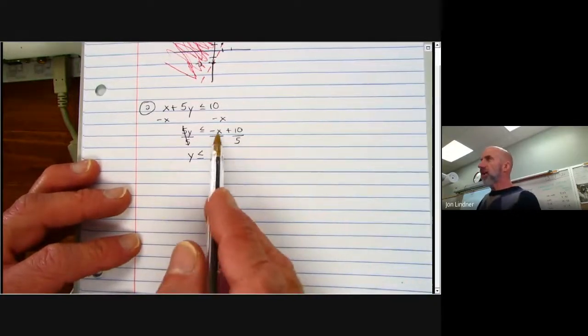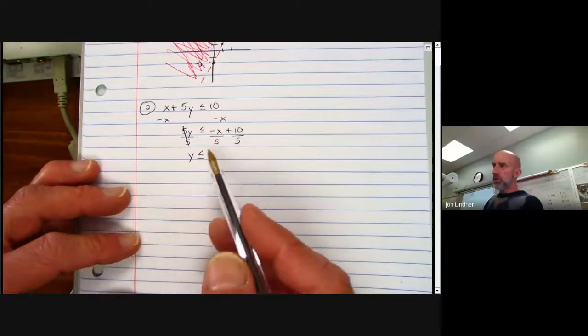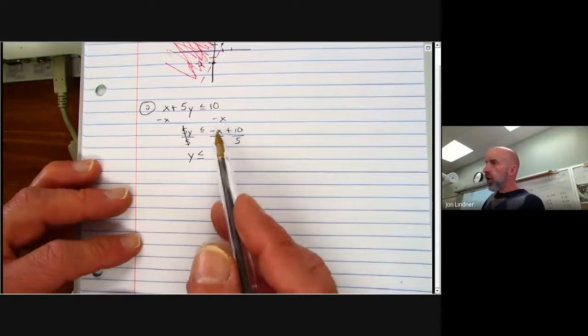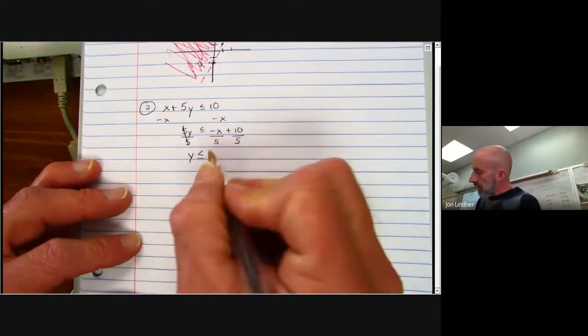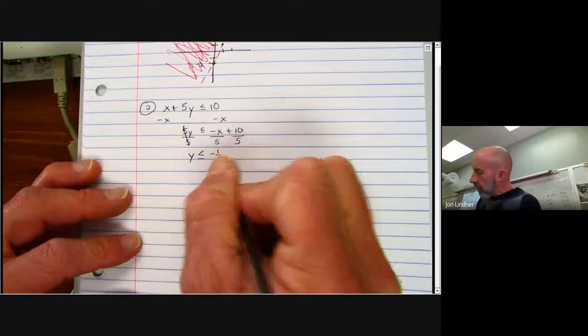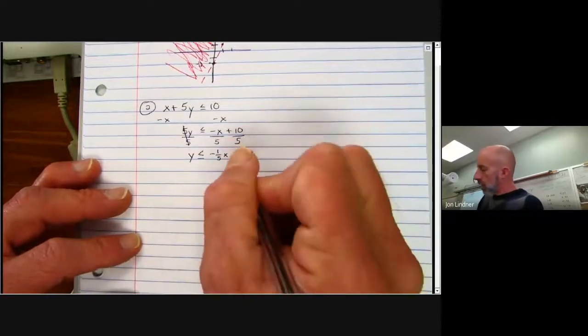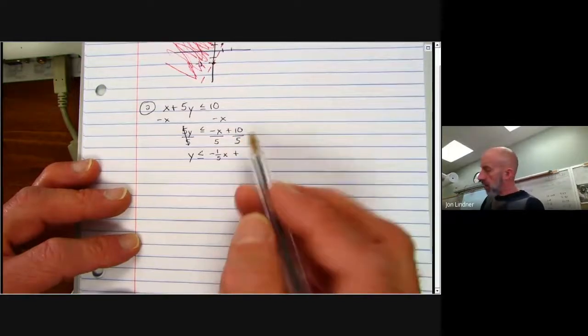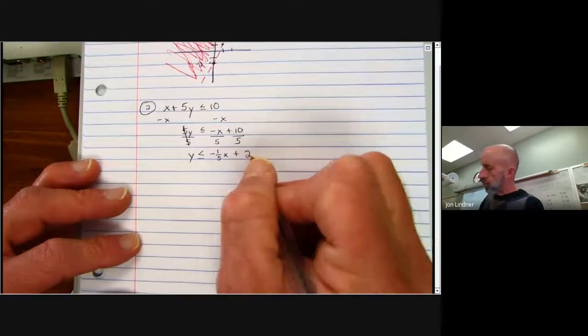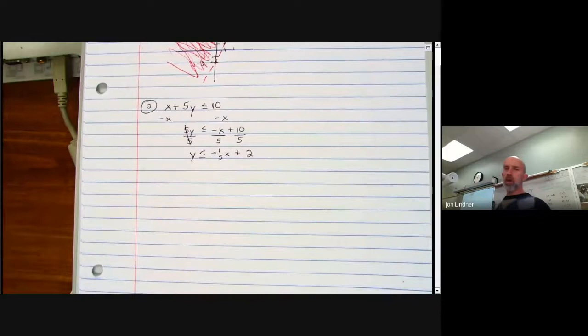Now this negative x over 5 sometimes confuses people. That slope is negative 1/5 x. That's how you write that. Plus 10 divided by 5 is 2. So now we have it in slope-intercept form. Now we can graph it.